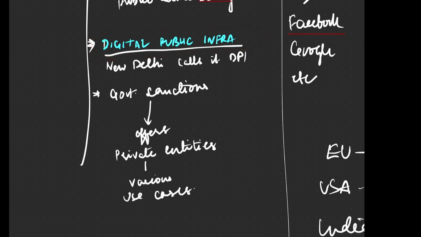So digital public infrastructure (DPI). What does India think about this term? Digital public infrastructure is that technology, including both software and hardware, whose development the government has sanctioned and which it has offered to private entities, provided they demonstrate practical use cases.